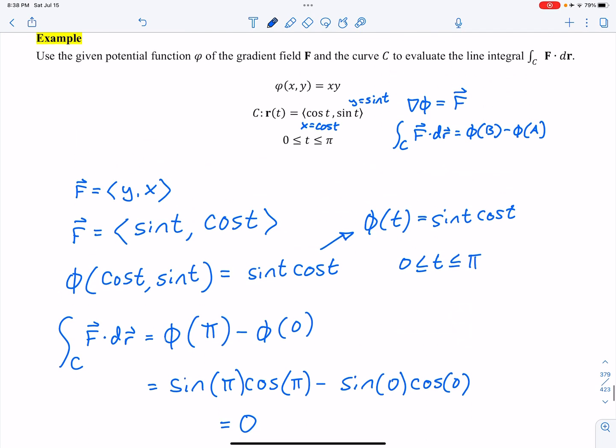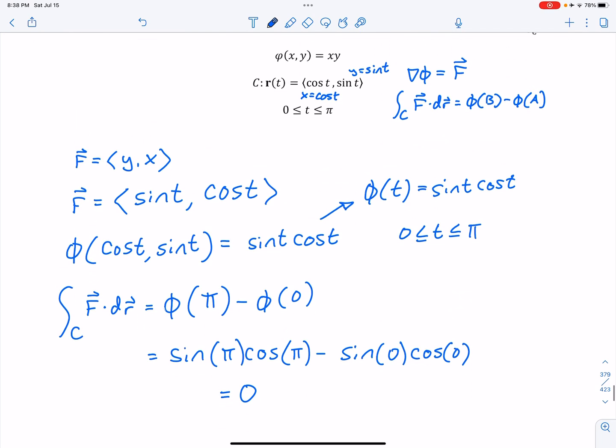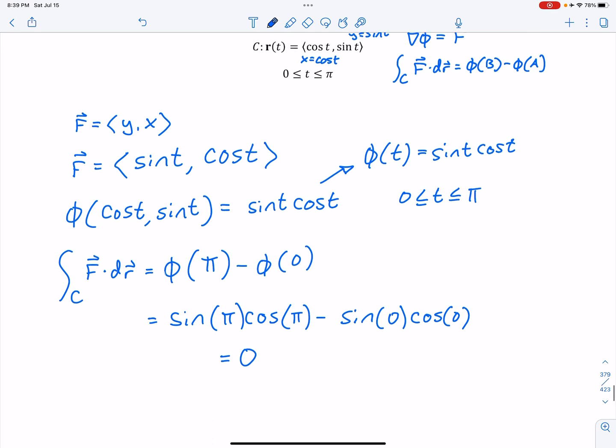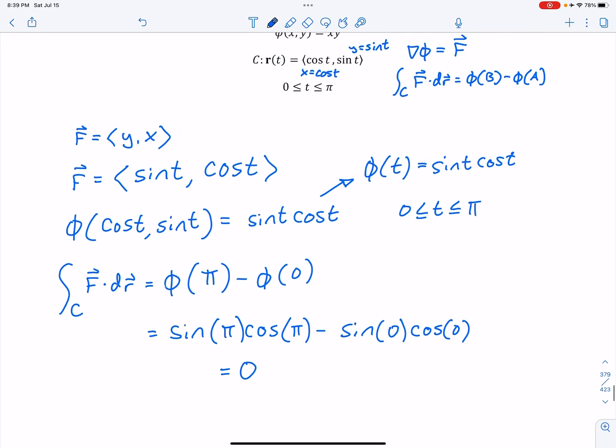So whatever this means in this case, going from 0 to pi, it goes to 0. But we can use the potential functions to get there. We know our path is not circular. If it was 0 to 2 pi, it'd be all the way around. So this isn't based on the conservative idea of going from one point to another point, which we'll talk about more in a moment. But as this sits, we have a 0. All right, cool.